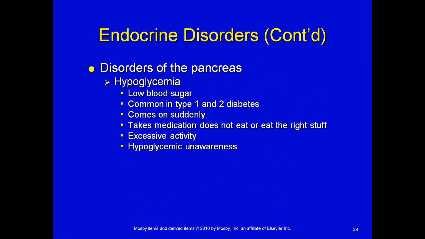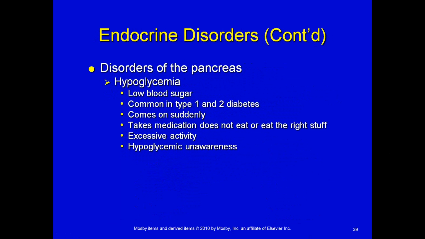In any event, the low blood sugar comes on very suddenly. It occurs in patients who take their medication but don't eat, or don't eat the right stuff, or have excessive activity.